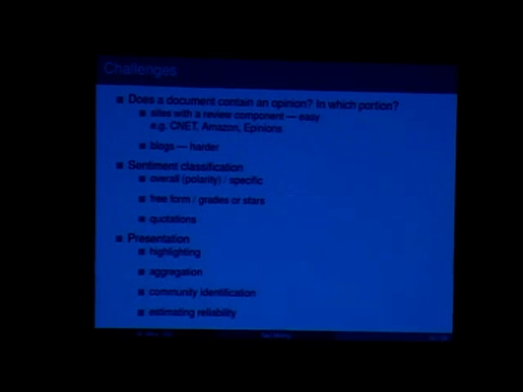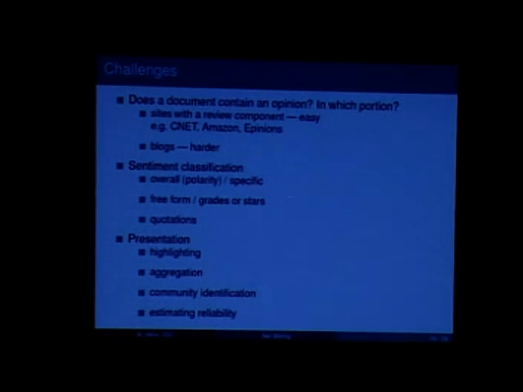The semi-final question that you have to address is, suppose you've been able to gather raw material about opinions in a collection of reviews. How do you present this so that it's easy to use for, say, a potential customer?